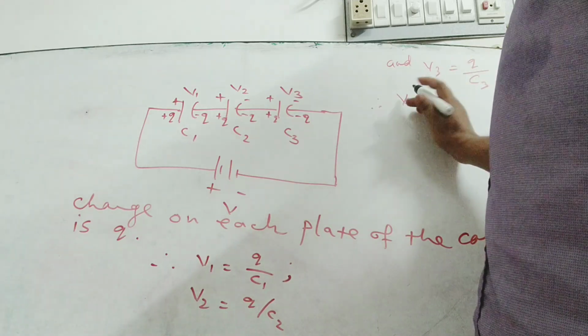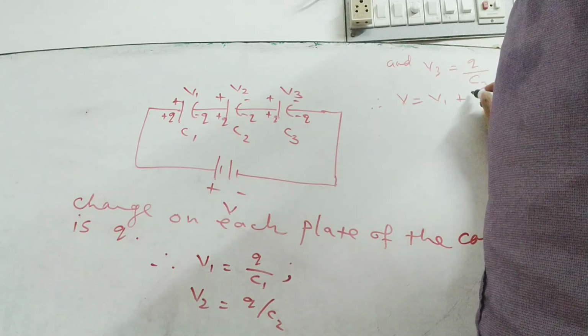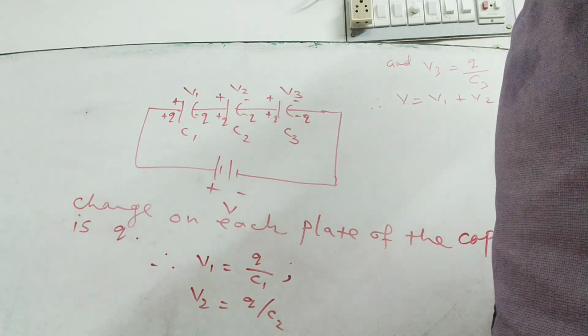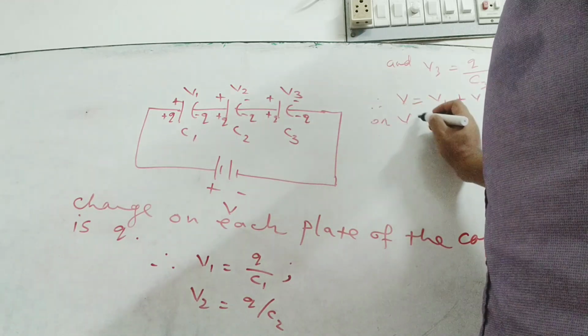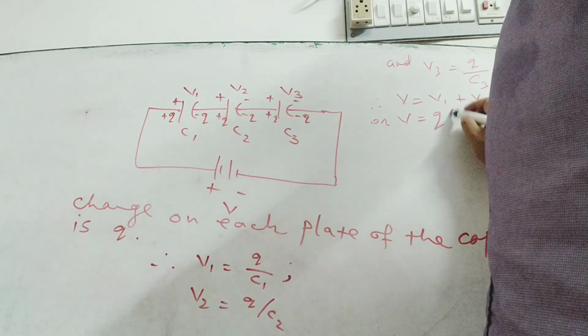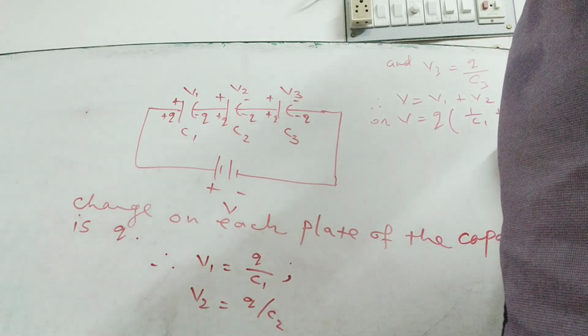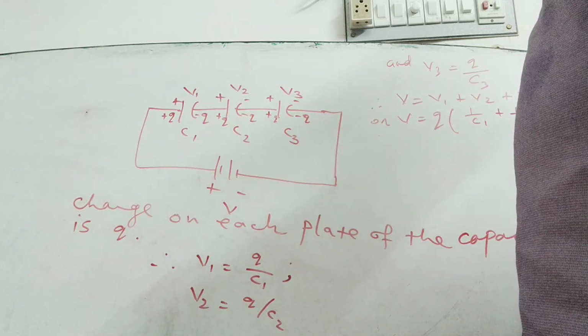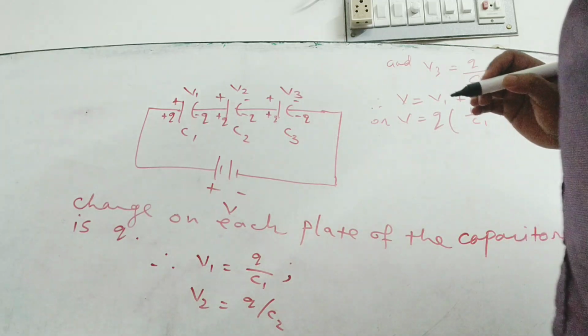Therefore, total potential difference V is equal to V1 plus V2 plus V3, or V is equal to Q into 1 by C1 plus 1 by C2 plus 1 by C3.